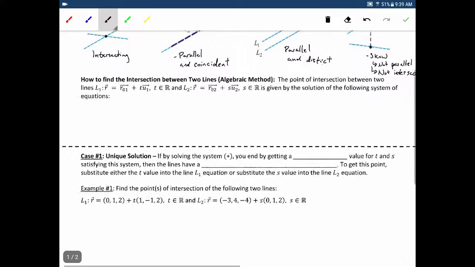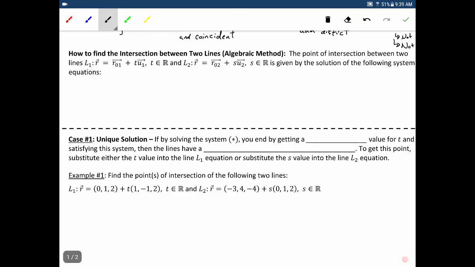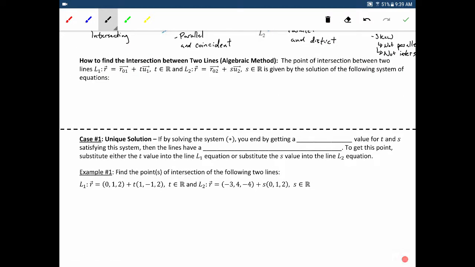So, how to find the intersection between two lines? The point of intersection between two lines, L1 and L2, and we're using vector equations here, you'll notice, is given by the solution of the following system of equations.